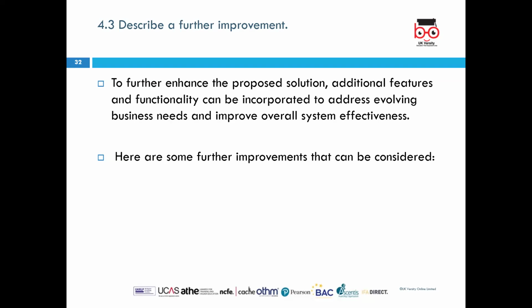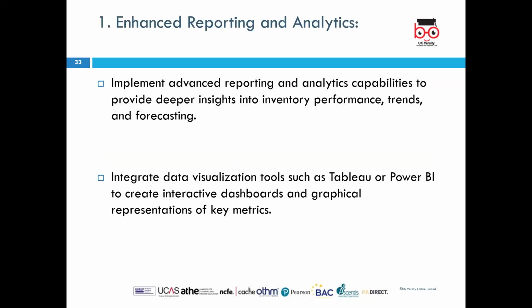Now we're going to look into how we can further improve our solution. So we can have additional features and functionality which can be incorporated to address evolving business needs and improve overall system effectiveness. So what are these further improvements?